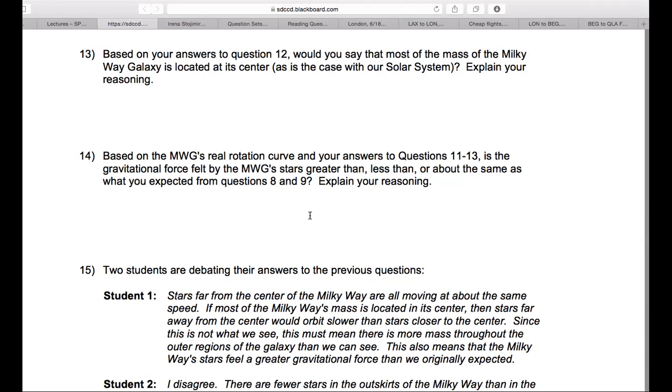When you would expect speeds of stars to go down, they don't go down, they remain flat, which tells you that there is more force of gravity than what we can see by just looking at stars. People before called it missing mass, and now we call it dark matter, because that is the mass that is keeping those stars locked inside of the galaxy and giving them those high speeds. Okay.